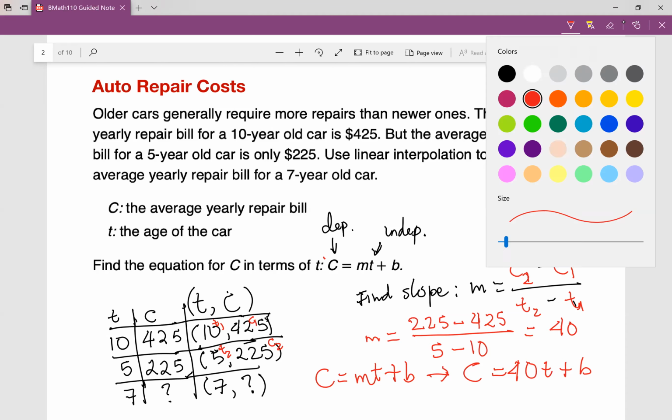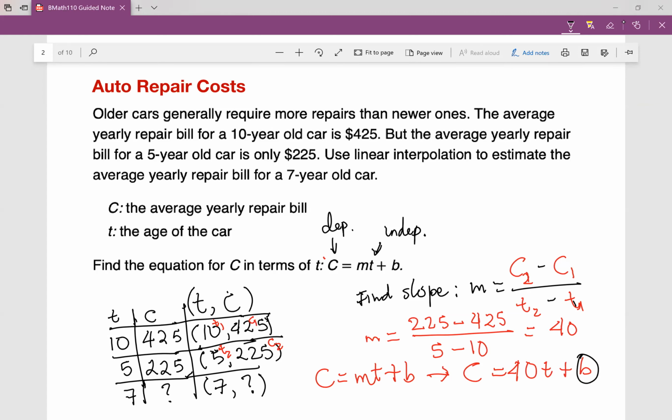We need to find B in order to have the equation of C. So in order to find B, you have to use one point, one other pair in here, either this one or this one, and plug into the general form of C.